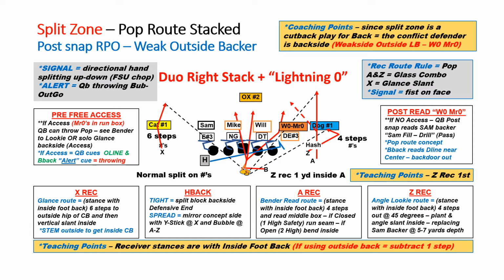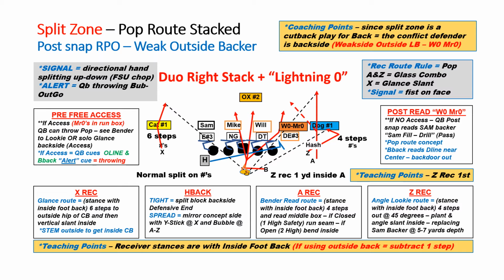Now the Z will go first, but this is where we just adjust the stem of the route. He's going to go at a 45-degree angle to the sideline for 4 steps, just like he does for a normal lookie. Then he's going to plant hard on that outside foot, rip his elbow, and go at a 45-degree angle inside and upfield. So we just call this a lookie angle route.